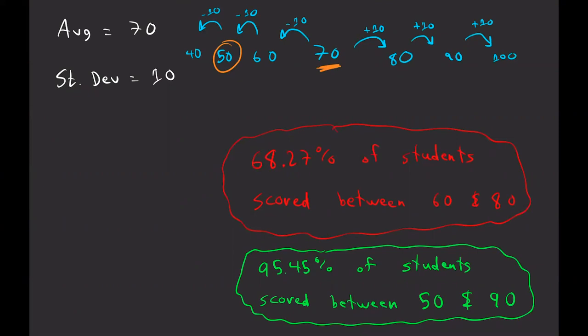And that's helpful because here we were talking about exam scores, and so you know that the person who scored a 50 is 20 points away from the average. But what I think is a bit more useful is to say that 50 is 2 standard deviations below the average.